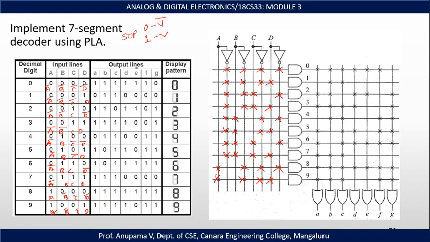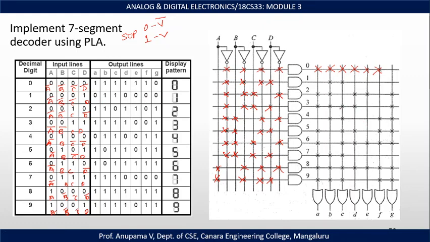So wherever at the output side 1 is present, there we draw X mark. So in the first output line, A is set to 1, B is set to 1, C, D, E, F, except G all are set to 1. Hence I draw X mark against all lines at the output side except G. Next entry in the output side is 0110000.